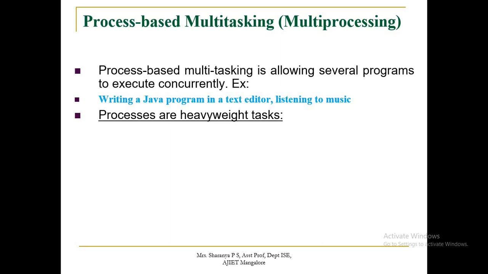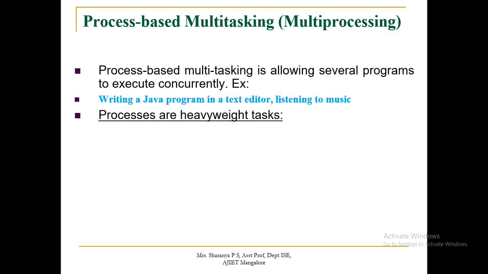One is browsing, that is, it needs to manage the browser process, and one more is managing the video or audio playing. This is how multiprocessing works. Two different processes are going to execute at a time. One more example is writing a Java program in a text editor and listening to music. We all come across this kind of system usage with multiprocessing.